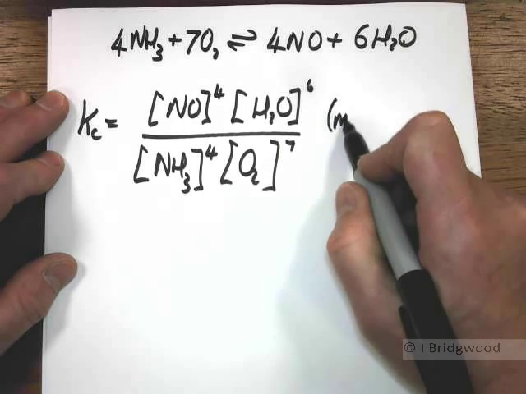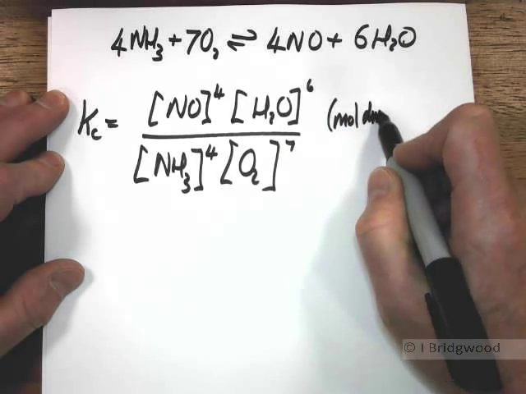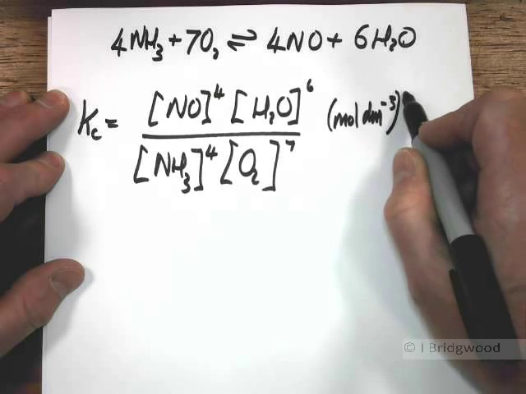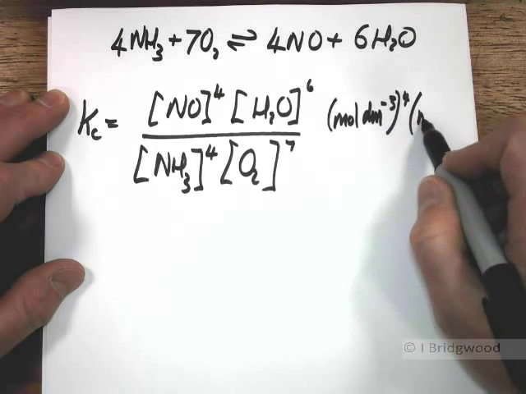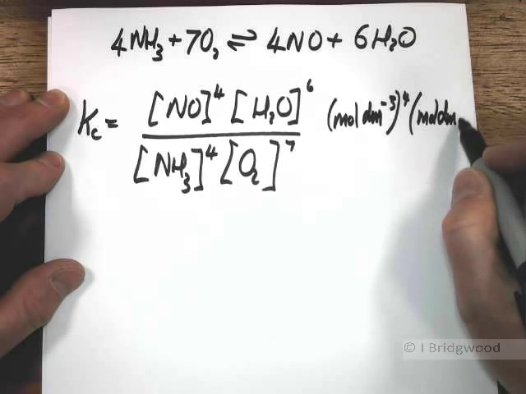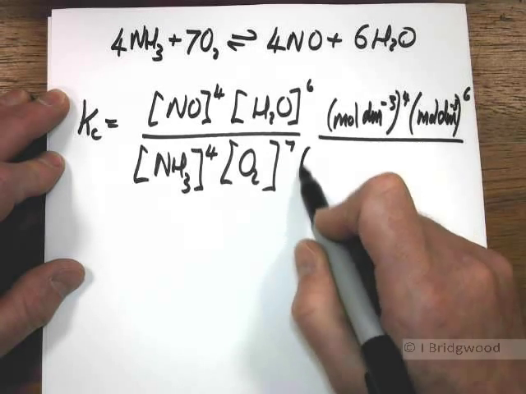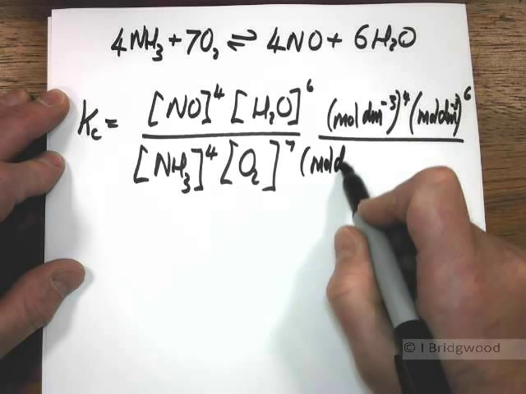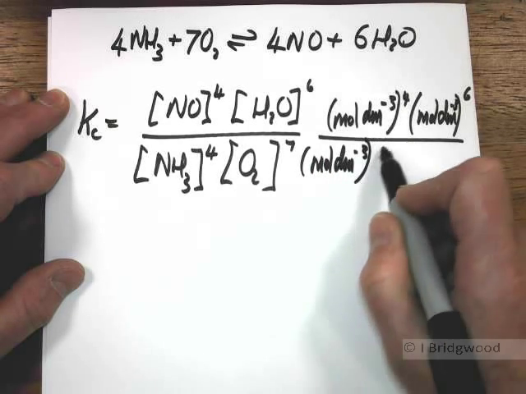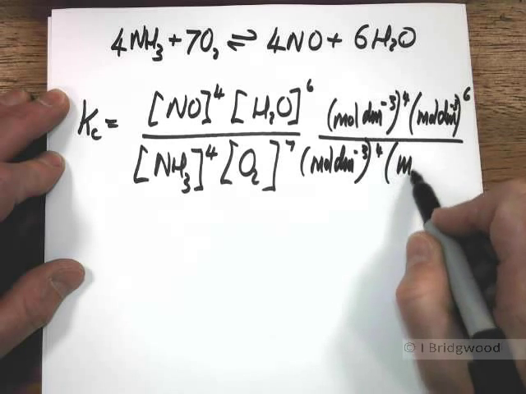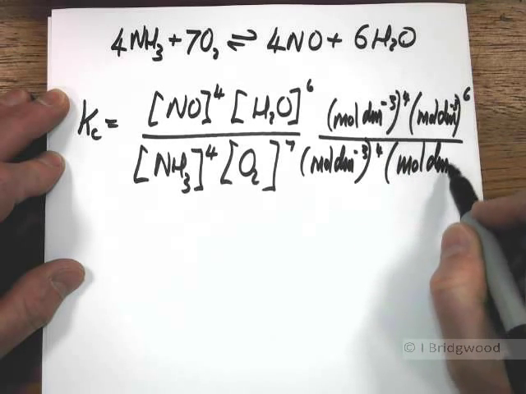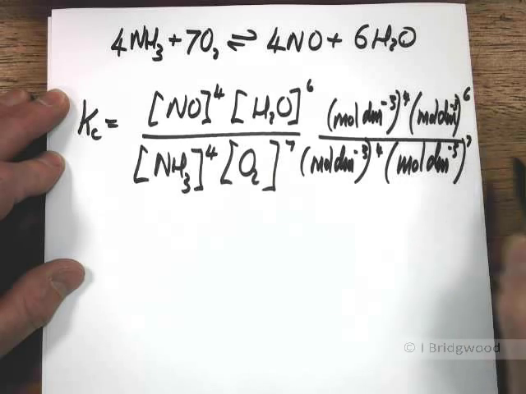So we've got moles per cubic decimeter to the power 4 and moles per cubic decimeter to the power 6 divided by moles per cubic decimeter to the power 4 and moles per cubic decimeter to the power 7.